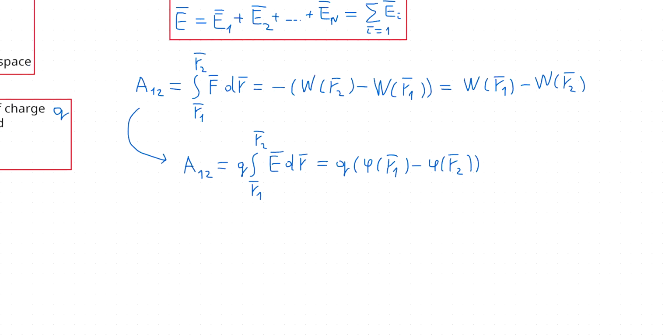And here we have a difference of potential, or potential difference, and this potential difference often is written as the letter U. So U is equal to this integral, or this is equal to phi in place R1 minus phi in place R2.